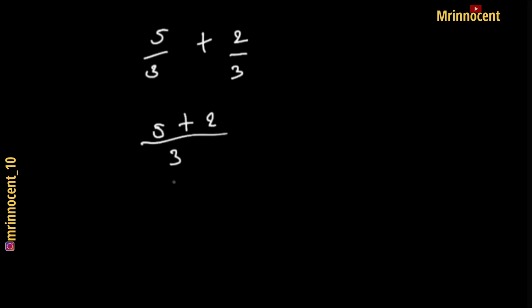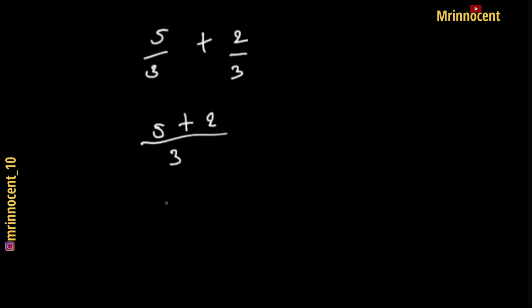You have 5 over 3 plus 2 over 3. The LCM is 3. So you have 3 into 3 is 1 times 5 is 5 plus 3 into 3 is 1 times 2 is 2.